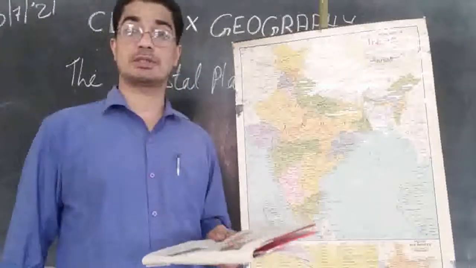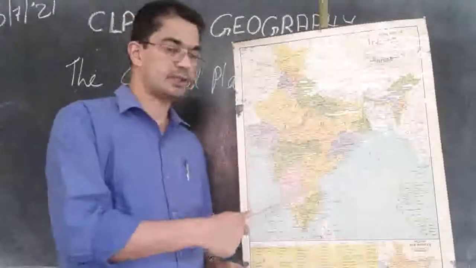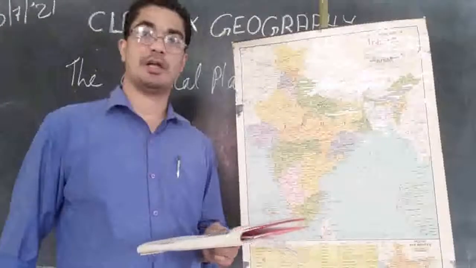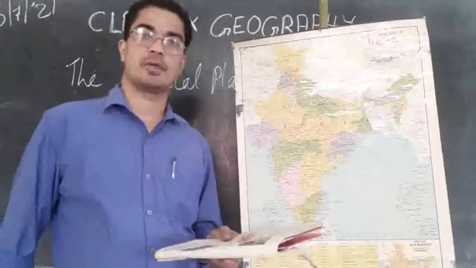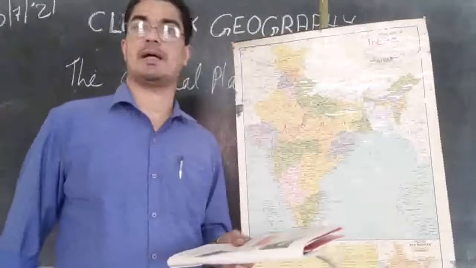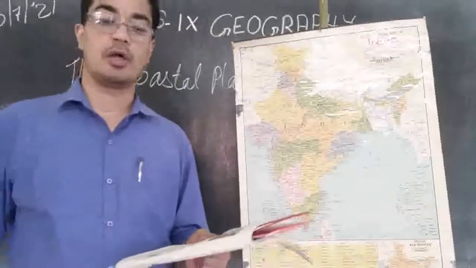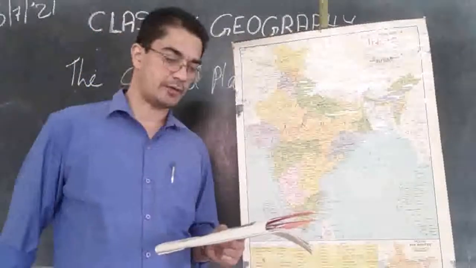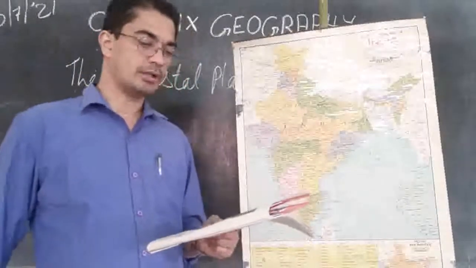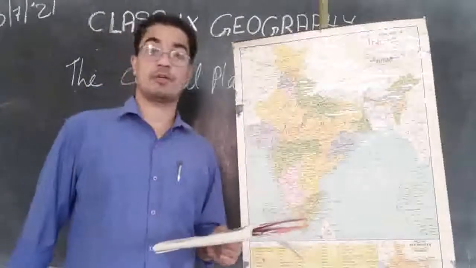These four rivers flow through this coastal region and make the land very fertile. Then it is creating a lot of delta.